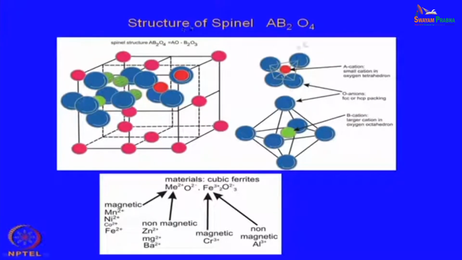Okay. So that is the description of the spinel structure. Both perovskites and spinel are very important structures so far as the oxides are concerned, and we will see later on that many of the properties depend on this particular structure type, or the description of where exactly the cations are present.